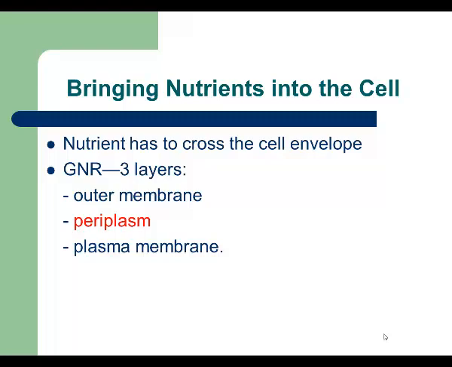The cell envelope of gram-negative bacteria is composed of three layers: plasma membrane, cell wall, and outer membrane. And since the cell envelope of gram-negative bacteria has three layers, we are going to talk about the first metabolic task on an example of the cell envelope of gram-negative bacteria.